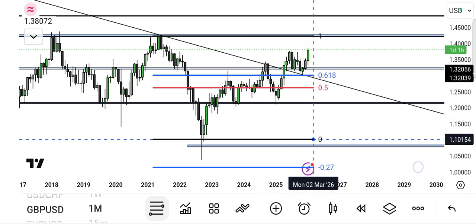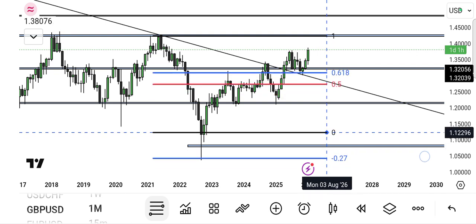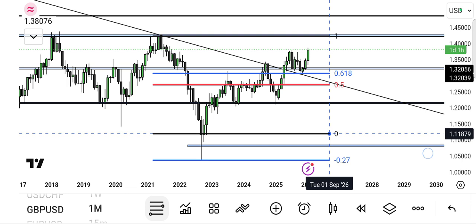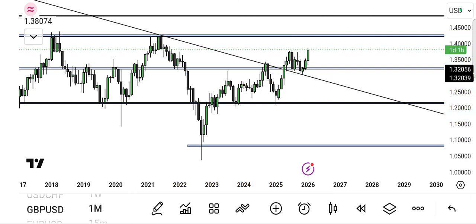It did not correspond to it, so let me see if I can adjust it. But even though it does not correspond with a Fibonacci, a resistance zone or a support zone that intersects with a trend line is a very valid point where institutional traders, the big banks, will likely buy or sell from. This is a clue I'm giving you free of charge.